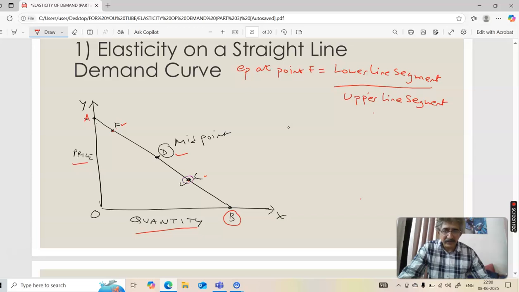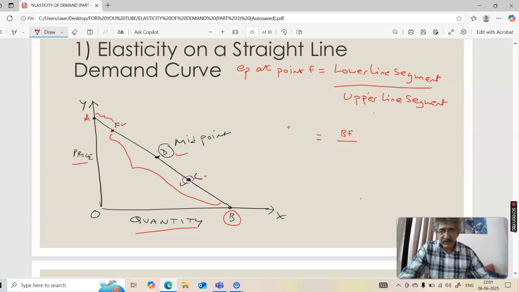Now at point F, the lower line segment is basically the length from point F, I'm making a curly bracket, till point B. So FB or BF is lying below the point F. And then what is the upper line segment?